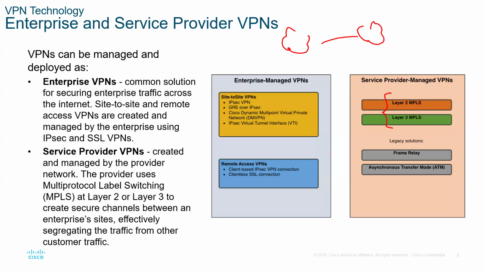With enterprise VPNs, the enterprise owns the routers and the configurations, and owns the VPN. With service provider VPNs, it's the service provider who is responsible for that. We have MPLS, which we'll discuss later, layer 2 and layer 3 MPLS provided by the service provider. Those are the classifications.